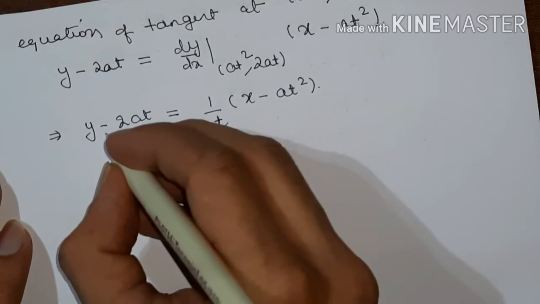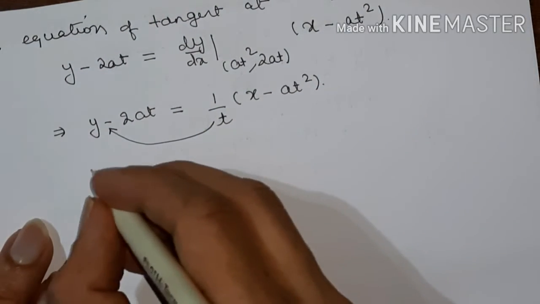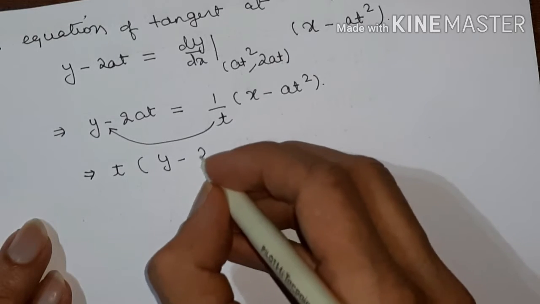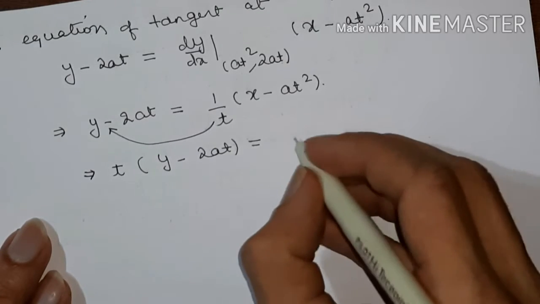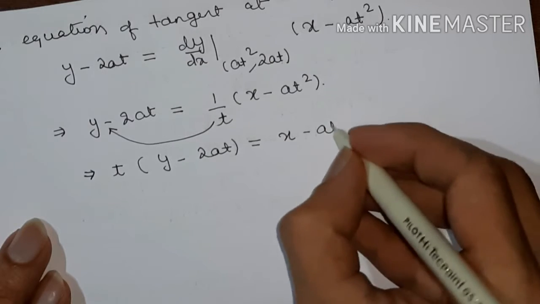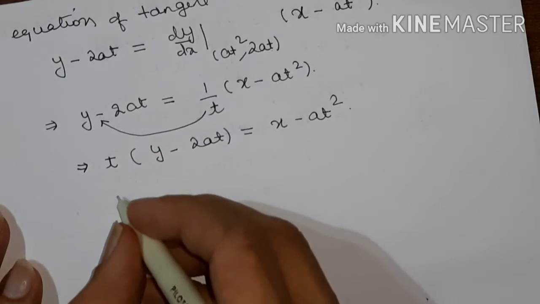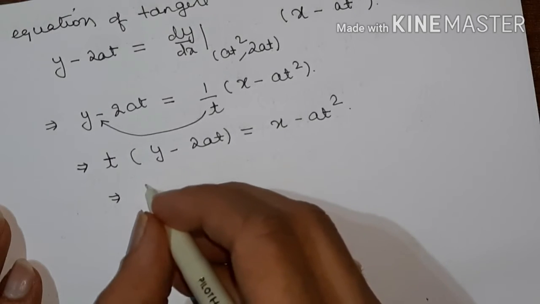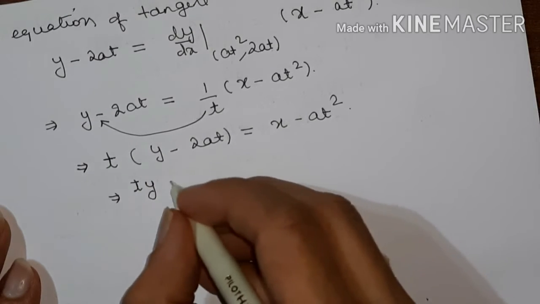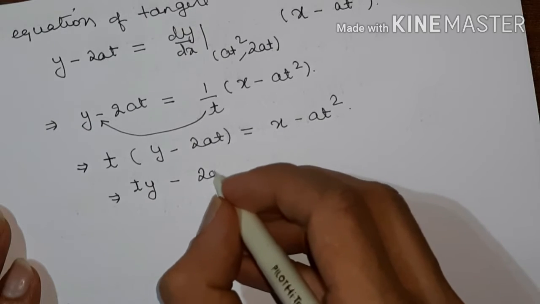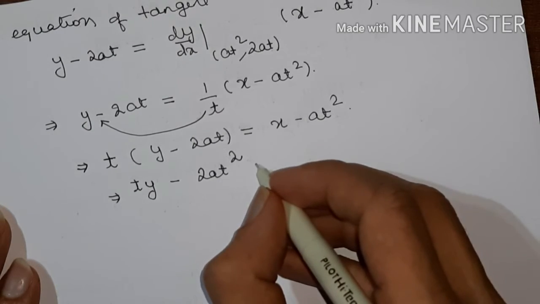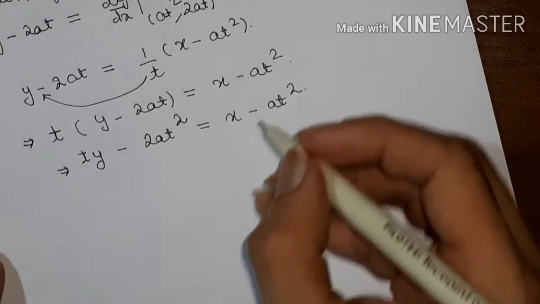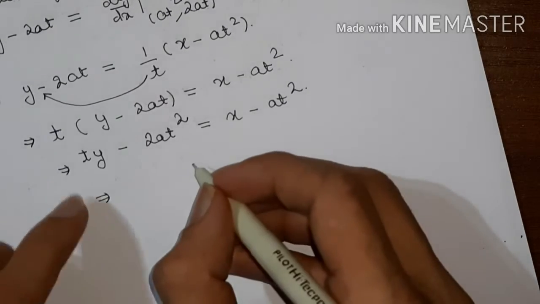Now I have to take t on this side. So what I'll get is t times (y minus 2at) equal to x minus at². If I multiply this t to the bracket, I get ty minus 2at² equal to x minus at².